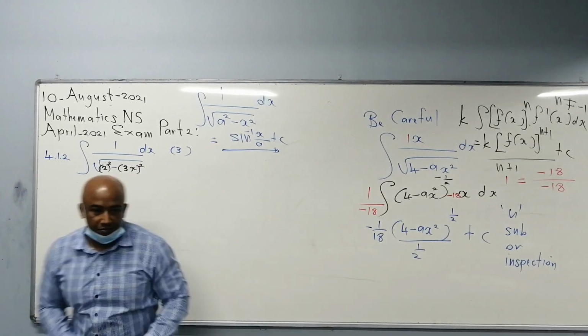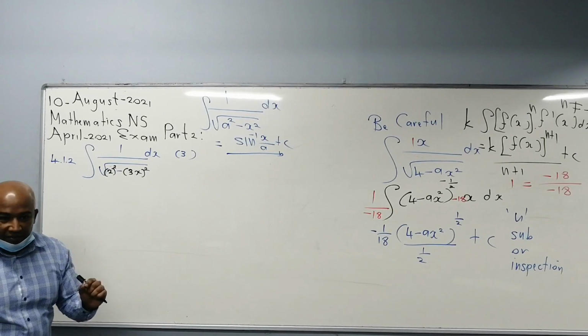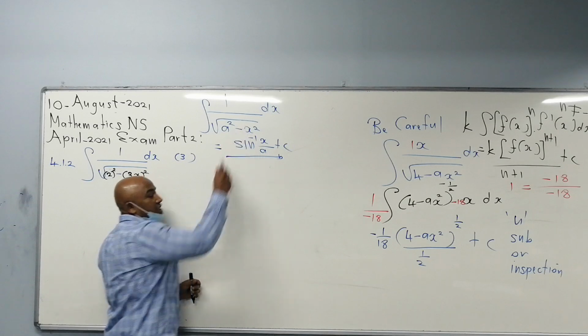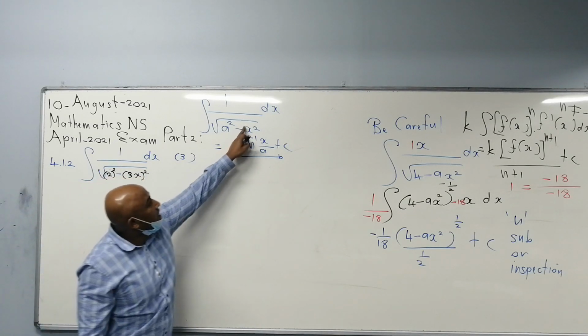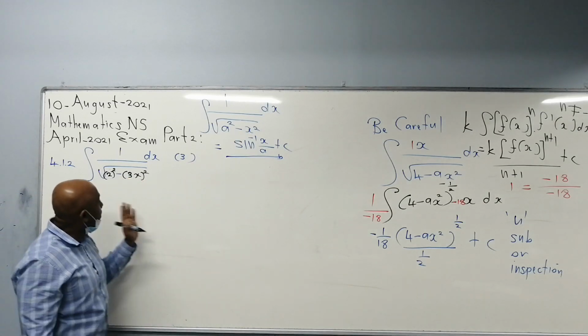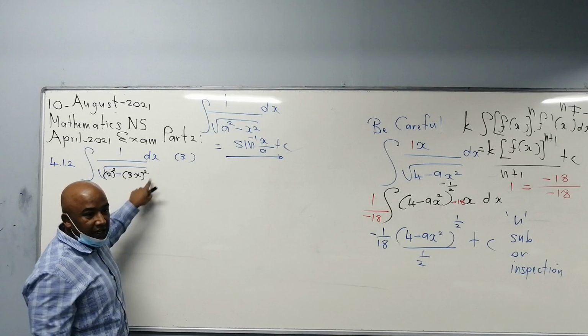Now, the problem here in N5 is that the coefficient of x squared is always a 1 here. Can you see that? So in our problem, it was not a 1. It was a 9. So it was 9x squared.